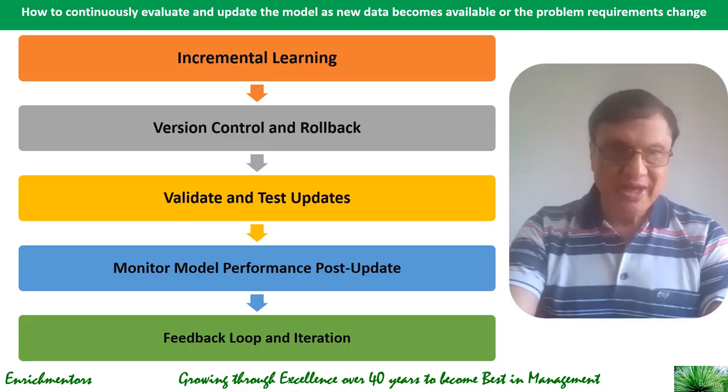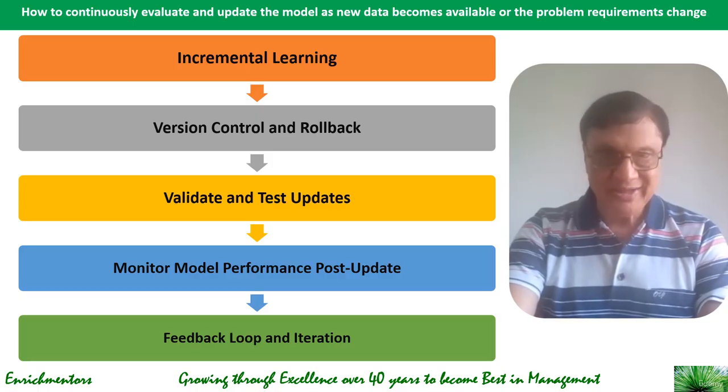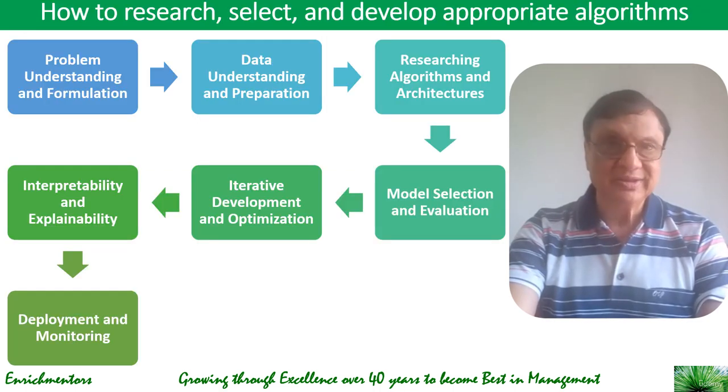So by implementing these steps, you can ensure that your machine learning model remains up to date, effective, and aligned to the evolving requirements of the problem domain, enabling you to drive maximum value from your model over a period of time.